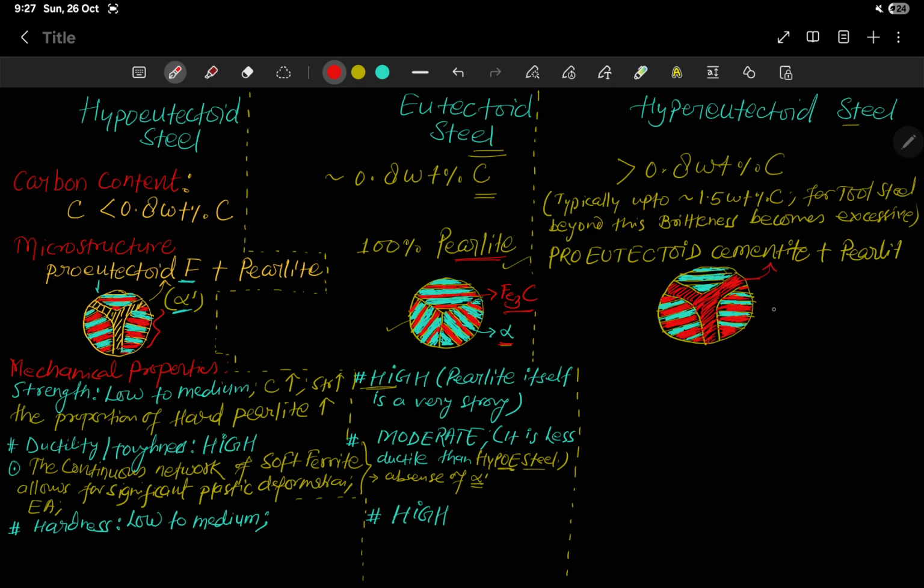This is proeutectoid cementite, and this is perlite. So this is the microstructure. This reddish phase is Fe3C, and this phase is alpha ferrite, and the combination of these makes perlite. Now let's explore its mechanical properties. Here the strength is very high.